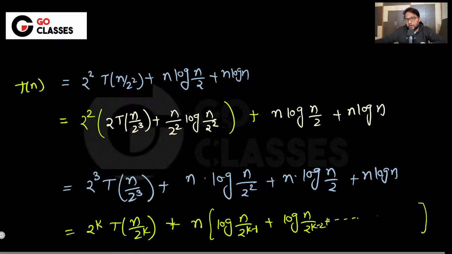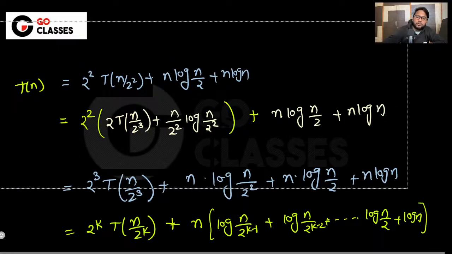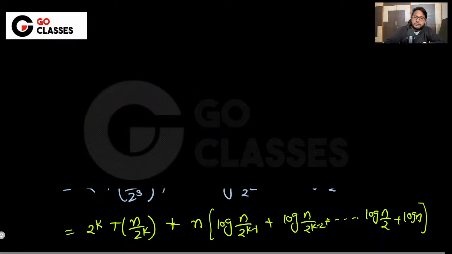And then it will be log of n by 2 plus log n. Okay, cool. Now can you tell me how to solve this last recurrence relation, how to solve this last particular thing? Can you tell me? Okay, just let me know.